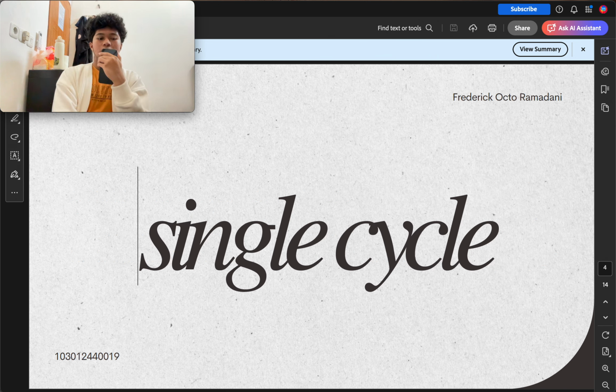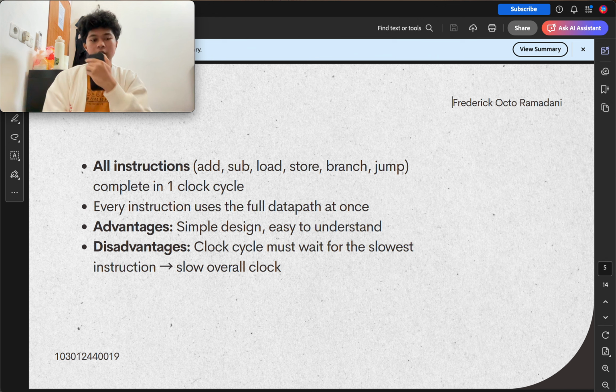After that, we will talk about the concept of single cycle. The single cycle concept means that every instruction, whether it's computation, memory access, or control flow, completes in just one clock cycle.